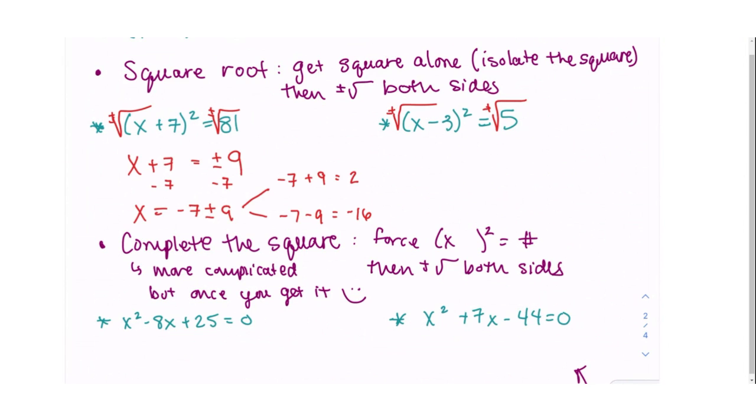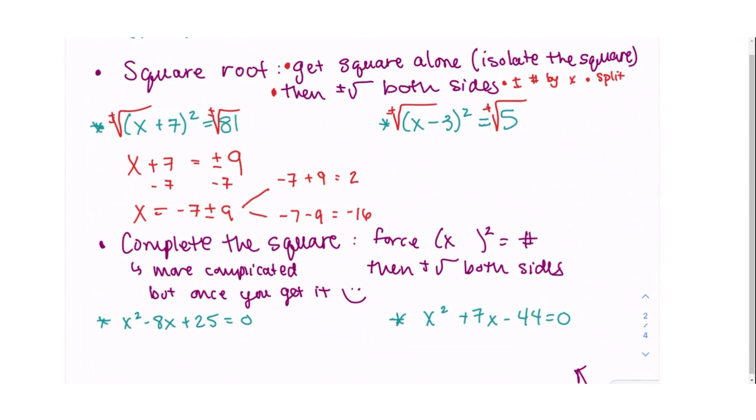Square root both sides, split it. So: get the square alone, square root both sides, add or subtract the number that's by the x, and then split your answer.